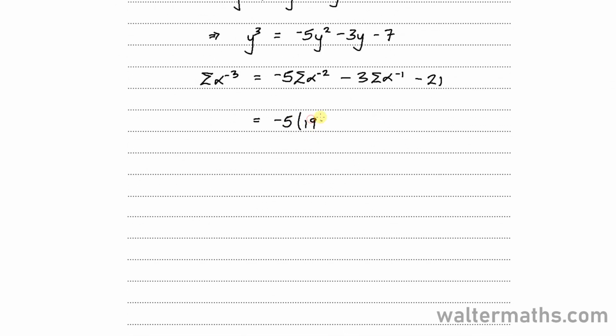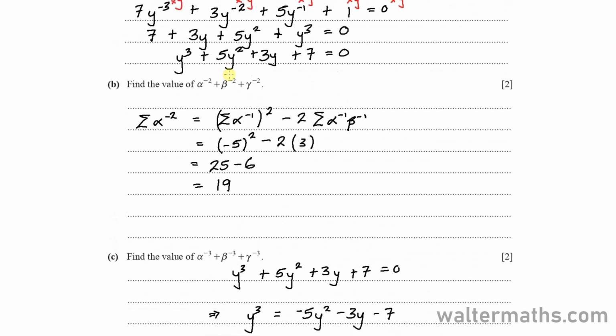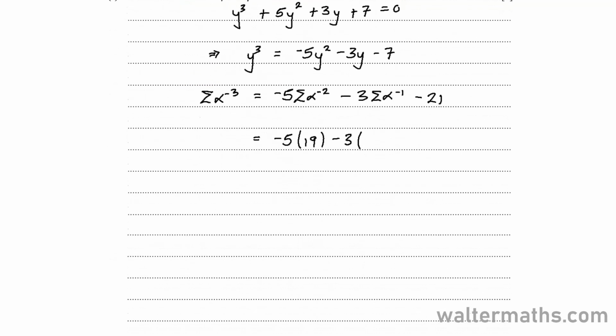So we have 19 here, and it's minus 3 of the summation of roots of the form alpha to the minus 1. These are the sum of roots of this cubic polynomial equation we formed in part A. So that's minus 5, okay, minus B over A. So we have minus 5 here, and it's minus 21.